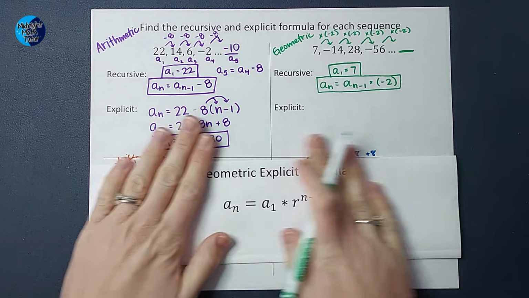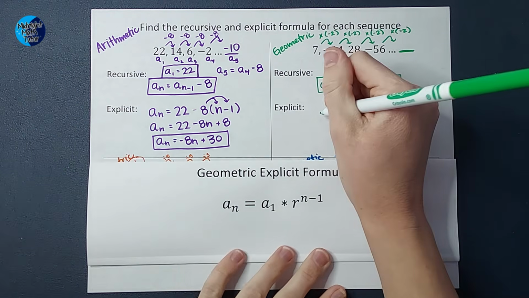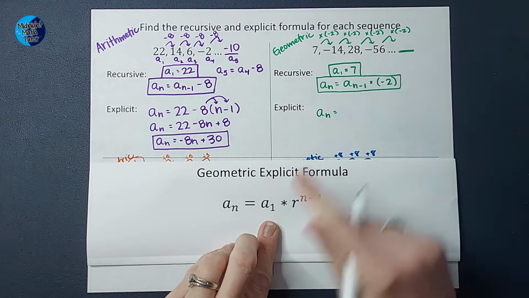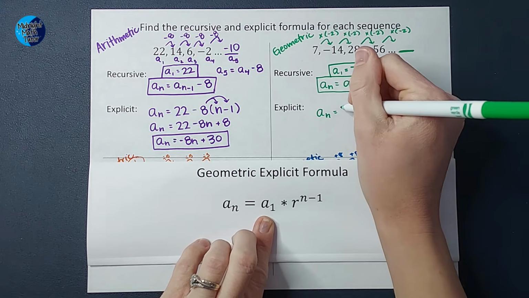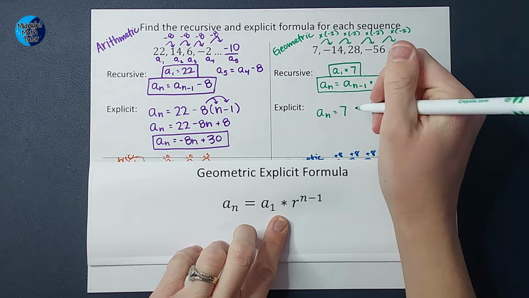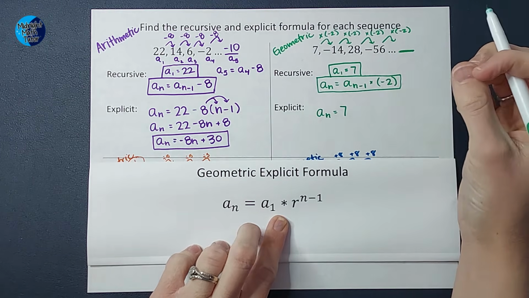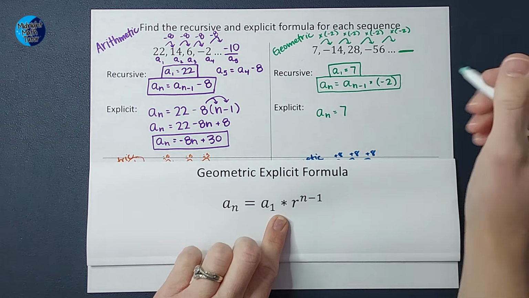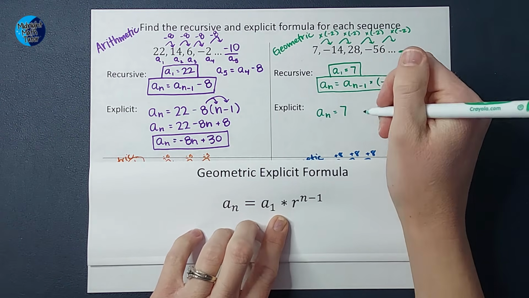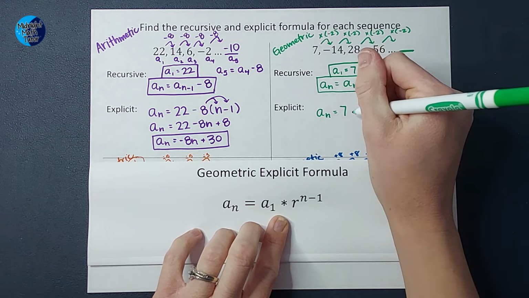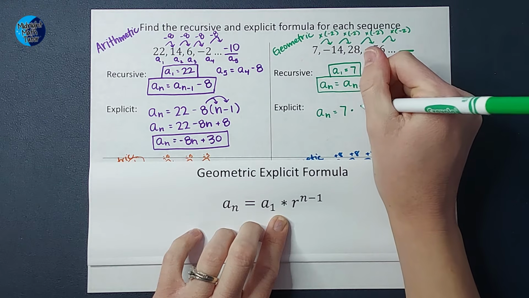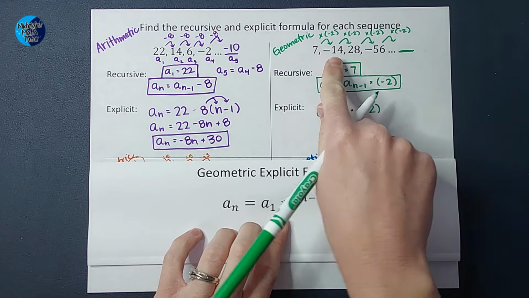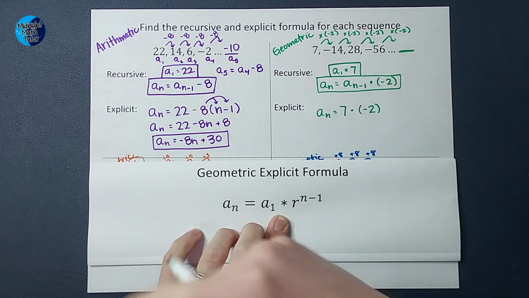Okay. So for whatever number we want to find, we're going to take the first number in the sequence, so 7, and we are going to multiply by our common ratio, which is the number we are multiplying by each time. So I am going to multiply by -2. But again, I'm not just multiplying by -2 once. That would give me the -14, the next term.